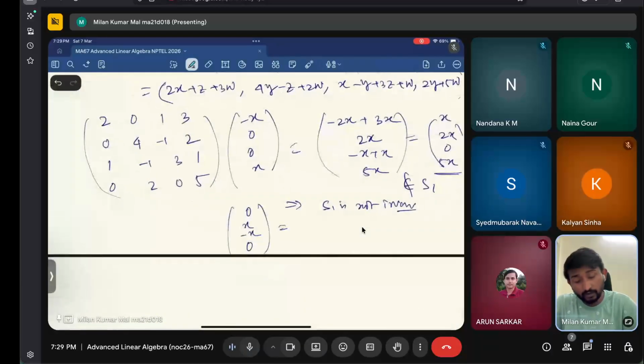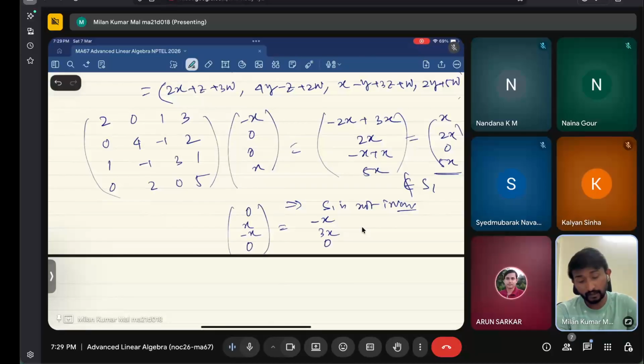So what will it be? It will be minus x as the first term, and minus x as the first term. Second term will be 4x minus x, that is 3x, and so it is already not equal. But still, let me complete this one.